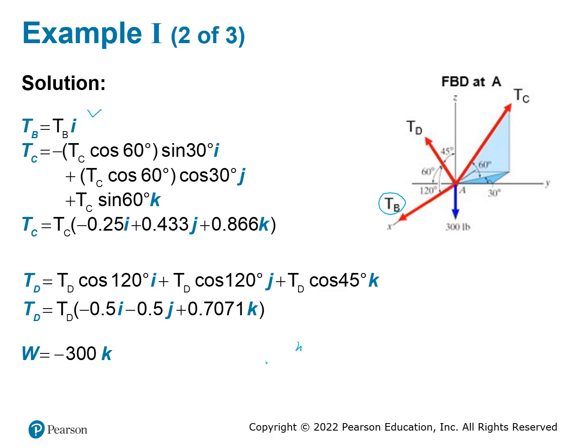Then let's look at T sub C. Now T sub C has 3 different components. One is going to be the x, so here is your T sub C at x. This part here is going to be your T sub C at y, and this height here is going to be your T sub C at z.